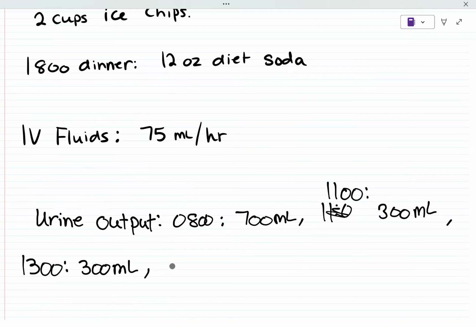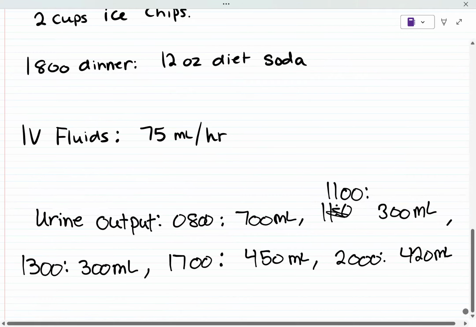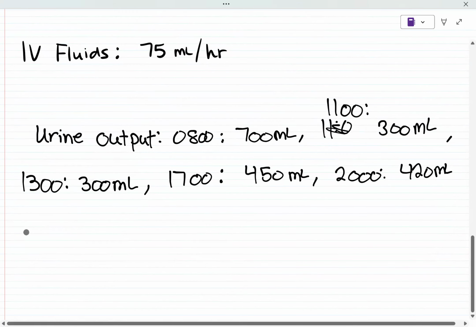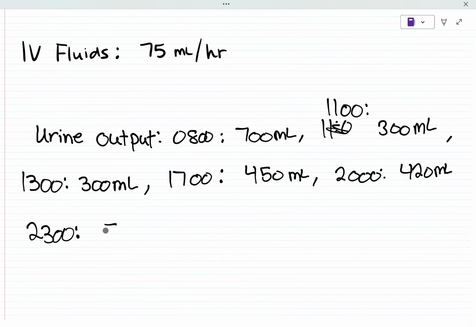This is all part of the problem it was given. At 1700, there is 450 milliliters, at 2000, there is 420 milliliters, and at 2300, there are 500 milliliters.